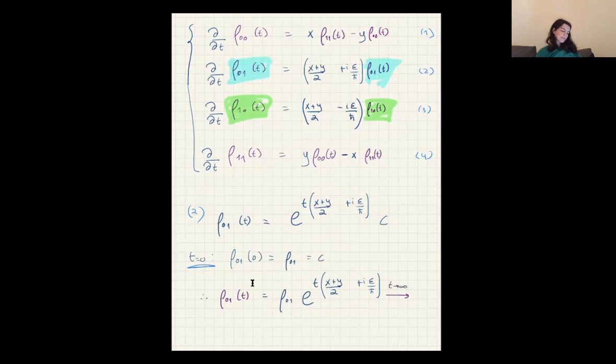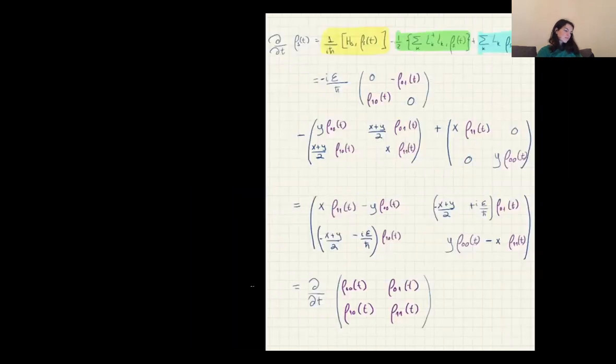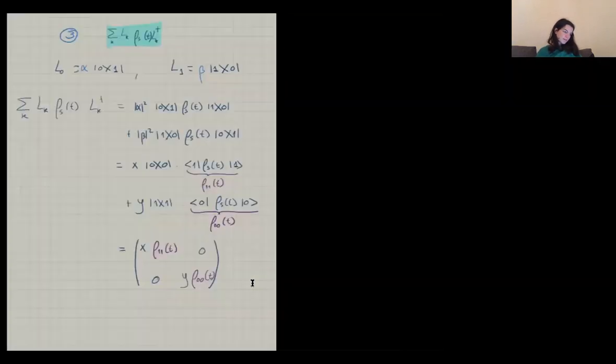Well, then, oh, sorry. I missed a minus somewhere on the way, so this should be minus, and this should be minus here. So minus this whole thing. Where did I miss it?